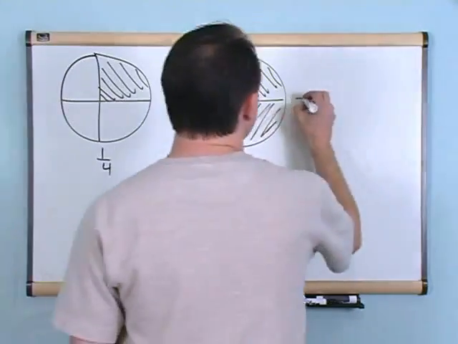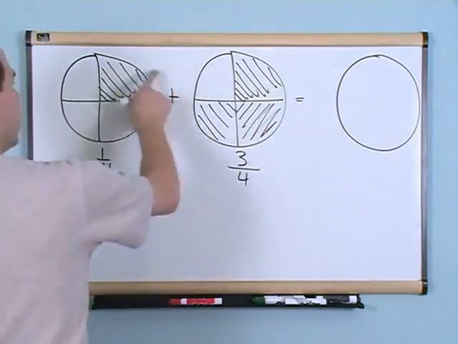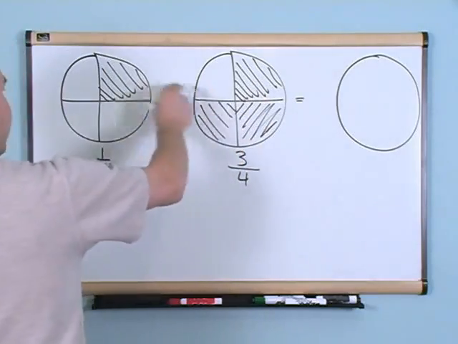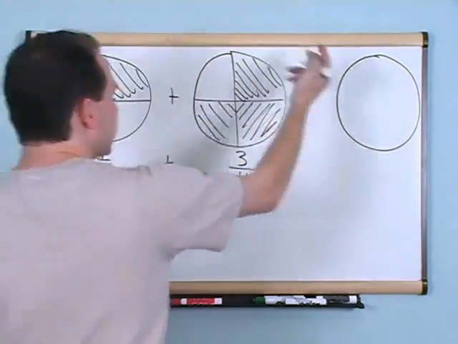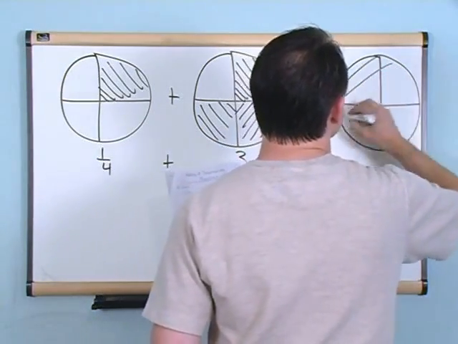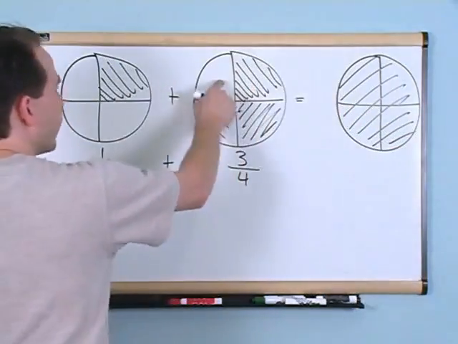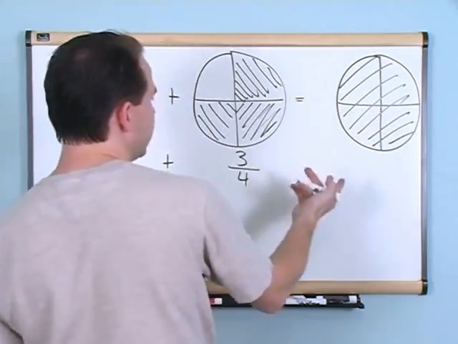What would be the answer in terms of pictures? Well, here's 3 pieces, and if I add this piece in here, then basically the whole pie is going to be eaten, right? The entire pie is eaten because here's my 3 pieces, here's the 4th piece, so all the pieces are there if I add them together.